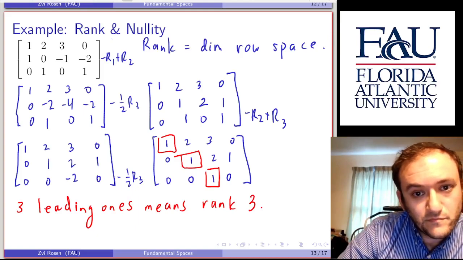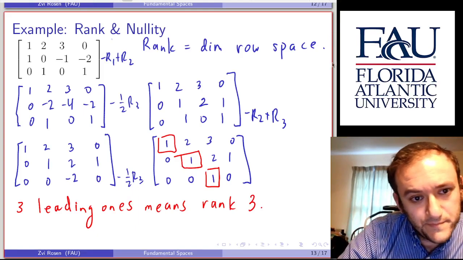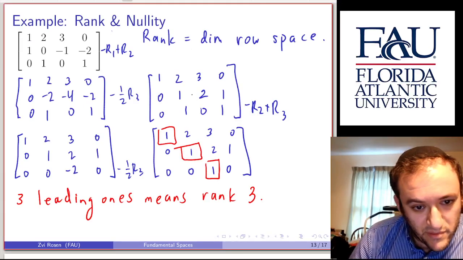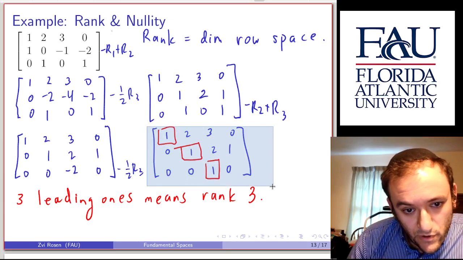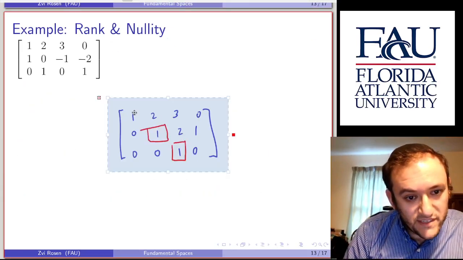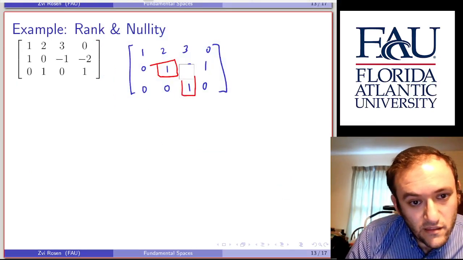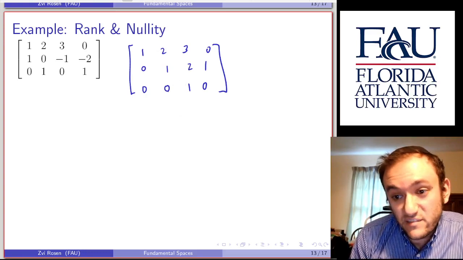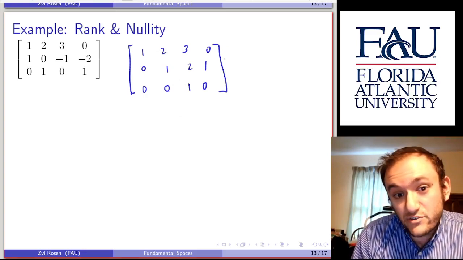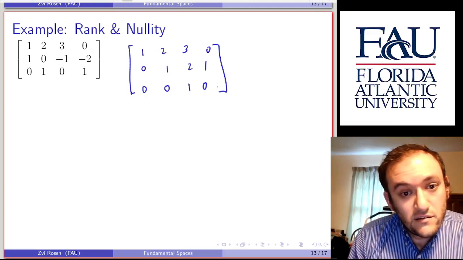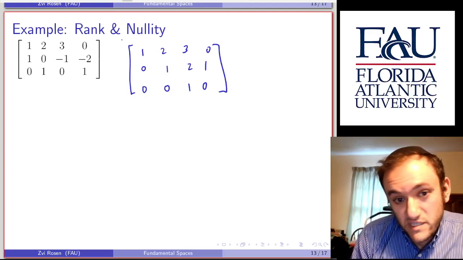How about the nullity? So let's grab this row echelon form. We said previously that the null space of a matrix is not affected by row reduction. So the null space of this matrix should be the same as the null space of the original matrix.